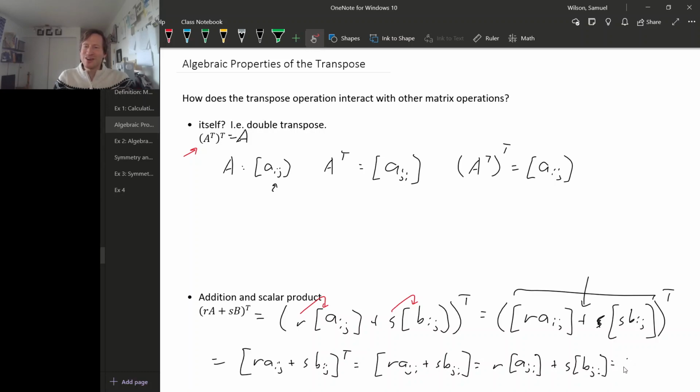But this is just R times A transpose plus S times B transpose. So the short version of this is the transpose operation sort of distributes. I say sort of because the transpose isn't a multiplication, and really we only use the word distribute for a multiplication, but it looks similar.